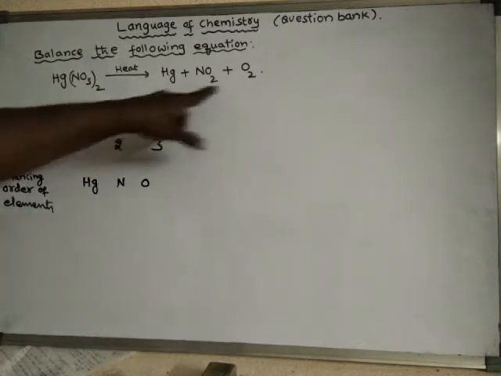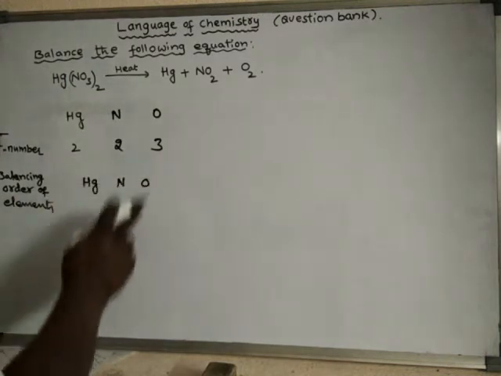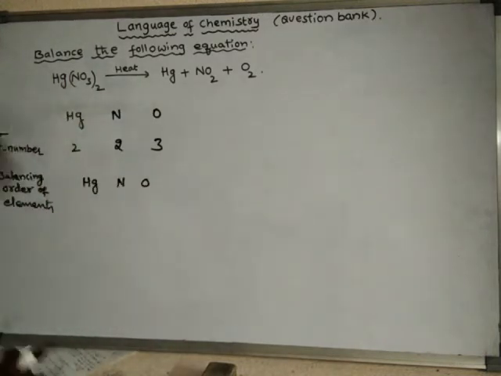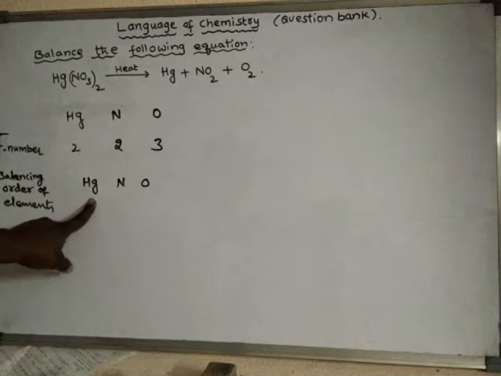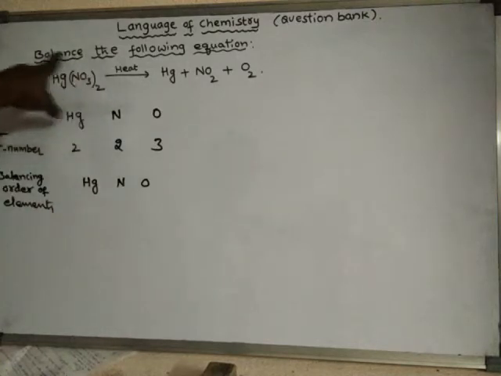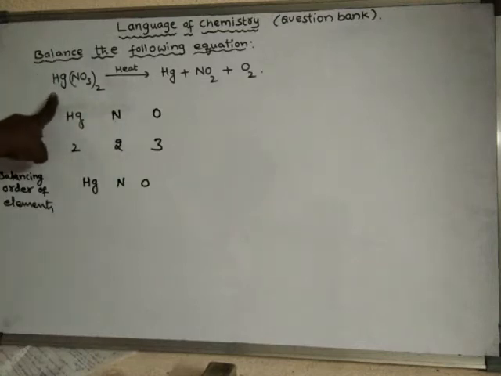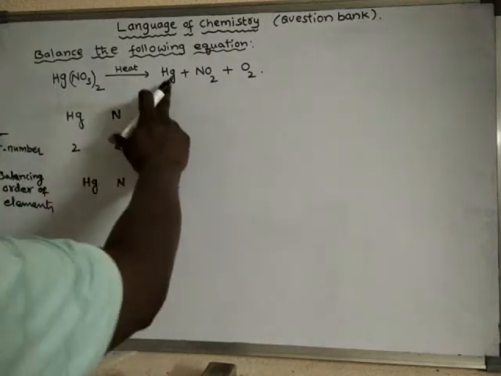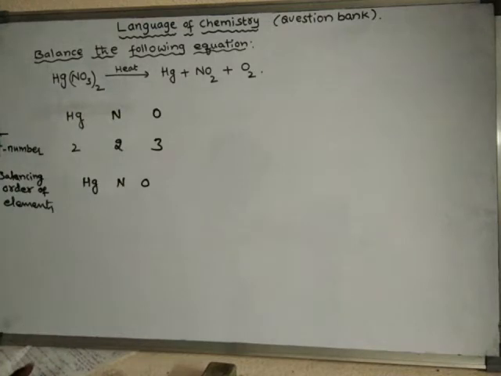Now this is the equation. First we have to balance mercury. On the left side, the reactant side, there is only one mercury atom, and on the product side also there is only one mercury atom. That means this mercury atom is balanced.